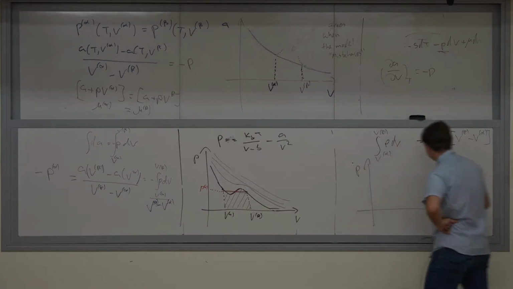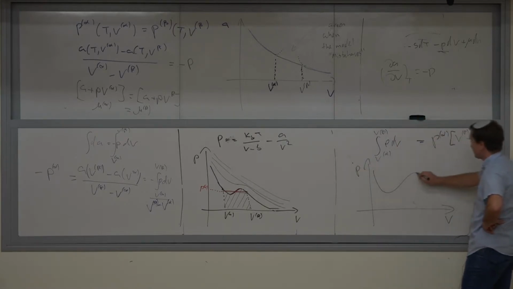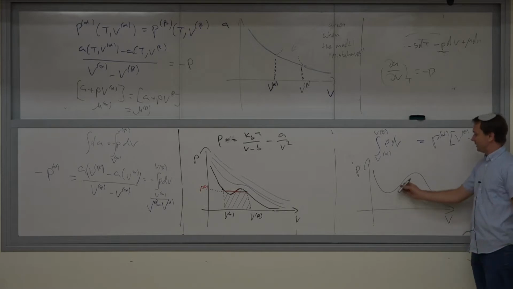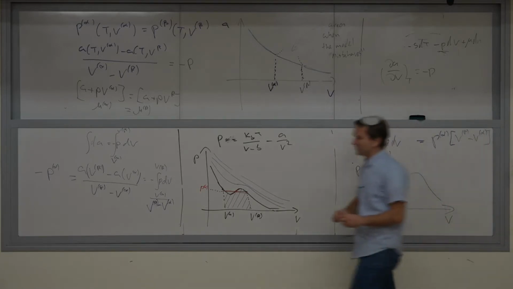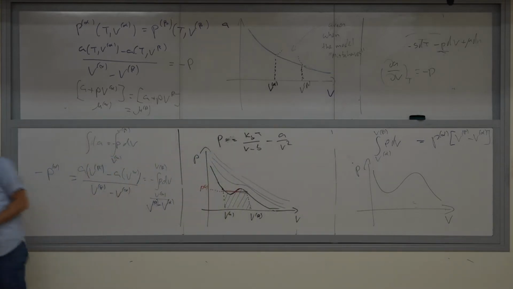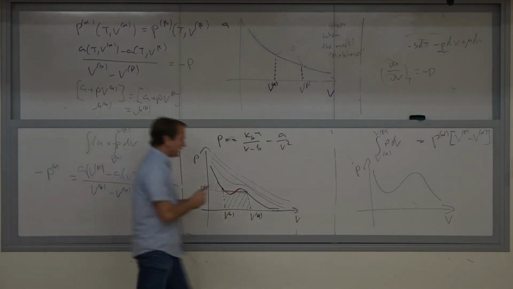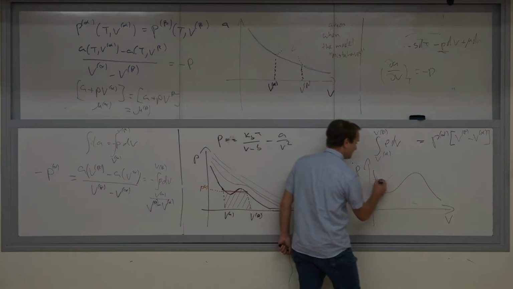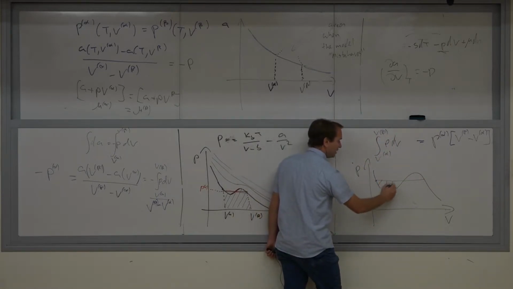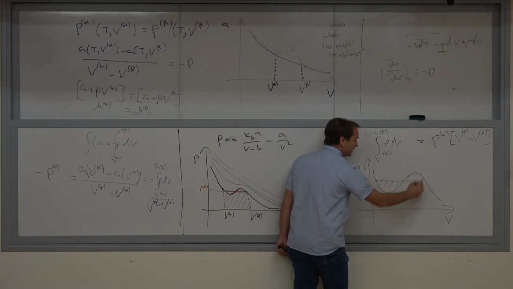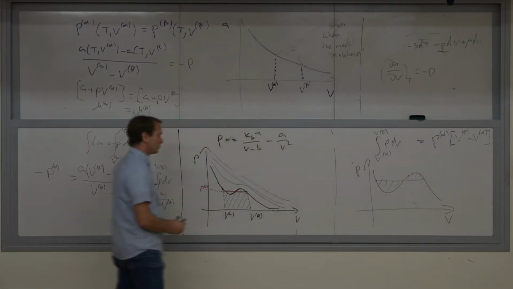So the condition for the Maxwell construction in the PV diagram is to plot P as a function of V. We find the region where we have a positive derivative of P with respect to V, and we draw a line where this total area is equal to 0. Why is it equal to 0?